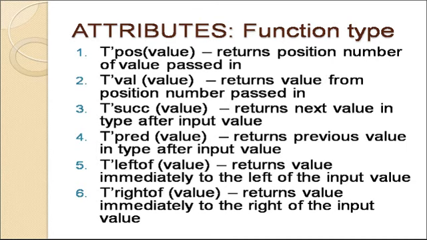This will return the position number of the value specified. In the next slide you will have an example that tells you the meaning of this attribute. Then T tick value, T tick successor, T tick preceder, T tick left of, T tick right of. The meaning of these will be clear from the examples.